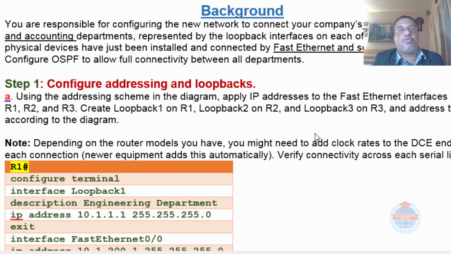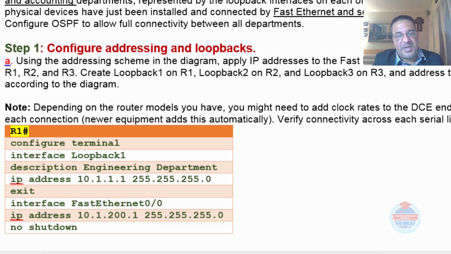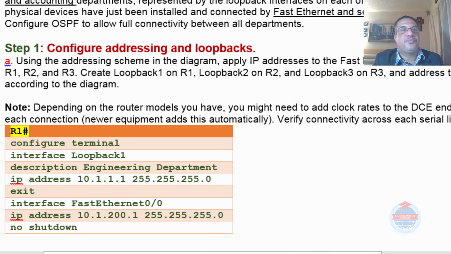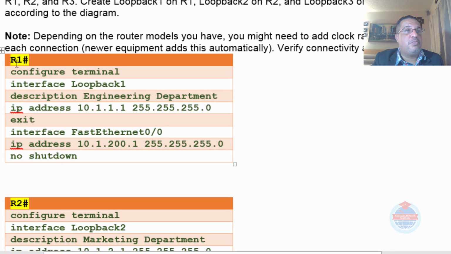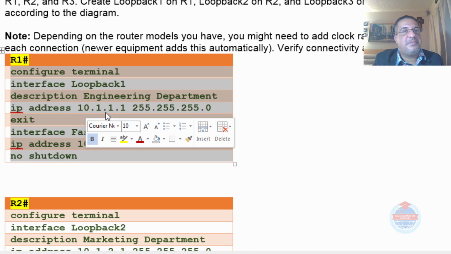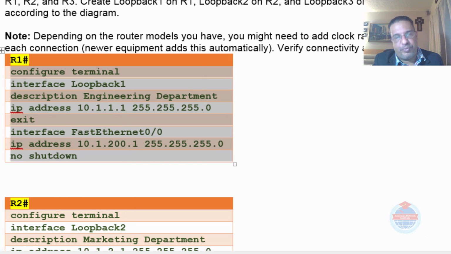We're going to start doing a copy and paste as I mentioned. We have a loopback already on it. And we are going to be applying this stuff over here on our GNS3 lab. So to make your life way easier, we did a little bit of the configuration in loopback 1 for the engineering department, and we're going to be copying the initial values to put on the interface.